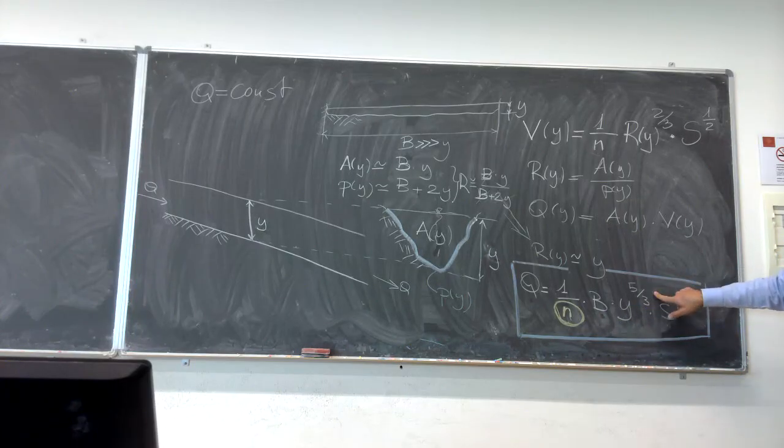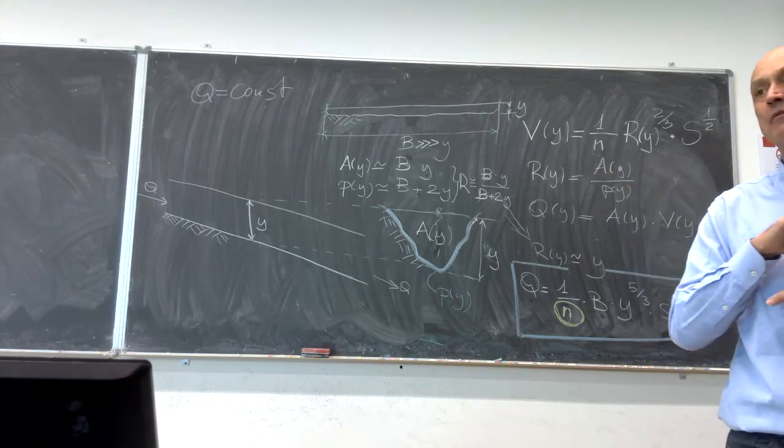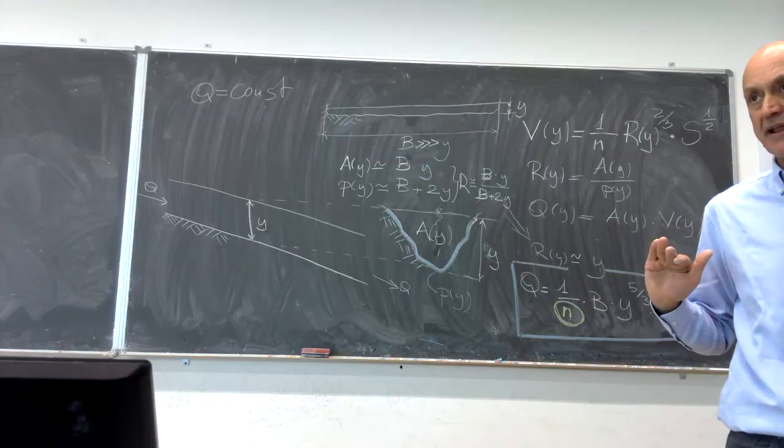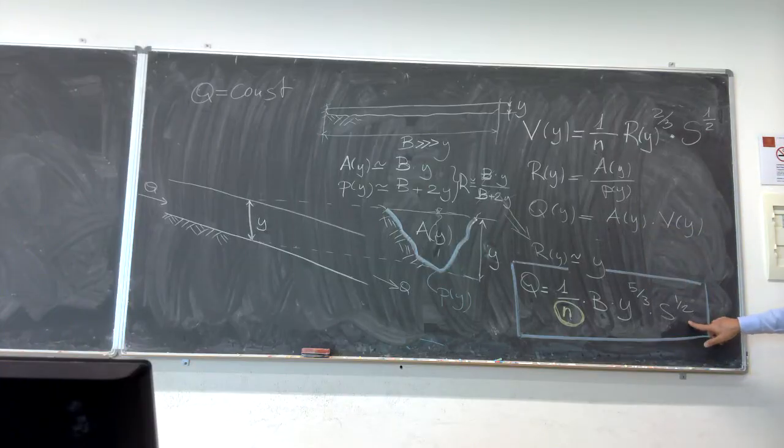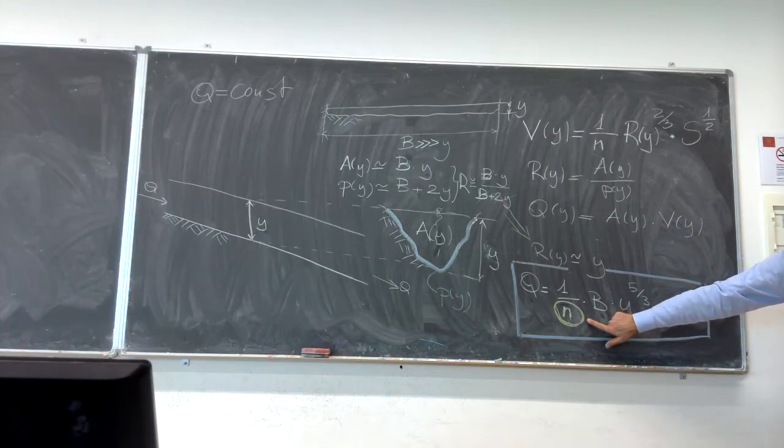And then I have a slope that is normally dimensionless. Normally it is expressed, when I use this equation, in meters over meters. That's how we express the slope. So n cannot be dimensionless, because here you have cubic meters per second, and here you have meters to the power of 8/3.